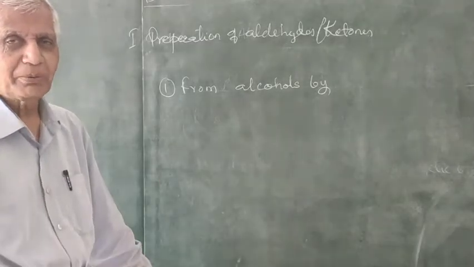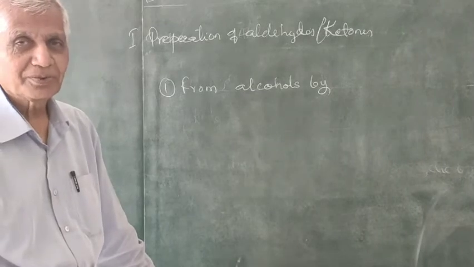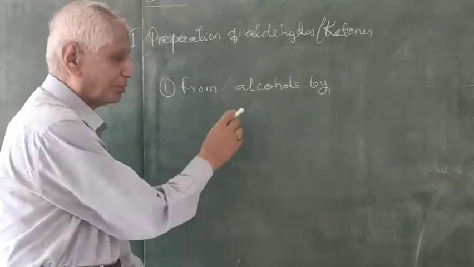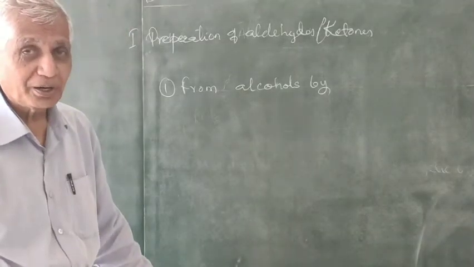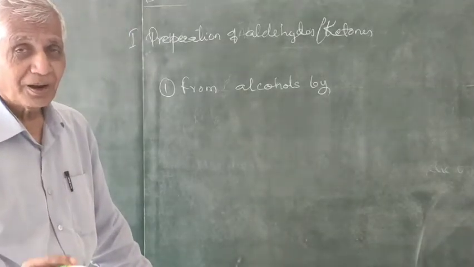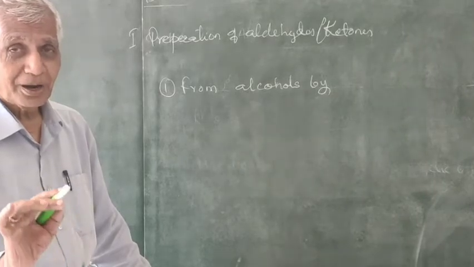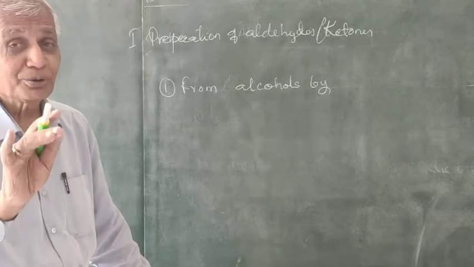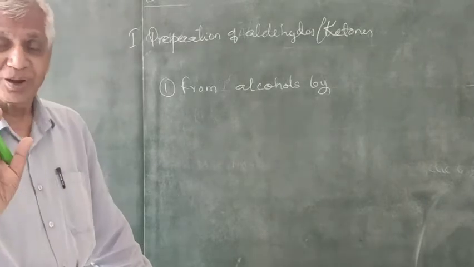Aldehydes and ketones have how many hydrogen atoms less? 2 hydrogen less than alcohol. So from alcohols, by what reaction can you tell me? To make aldehyde or ketone from alcohol, what should we do? We should remove 2 hydrogens, right?